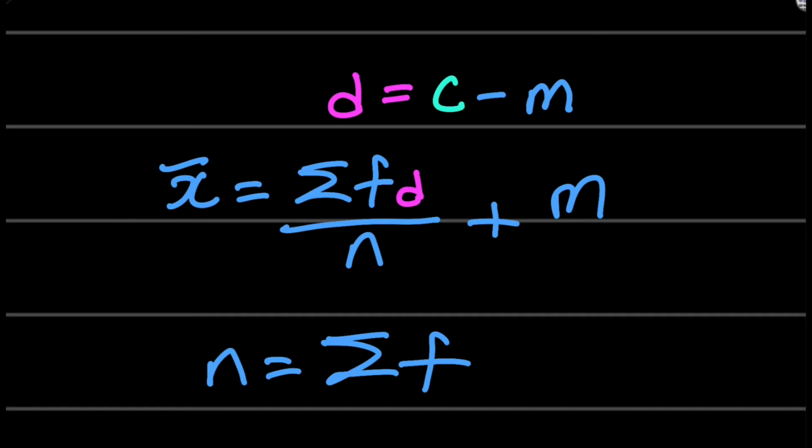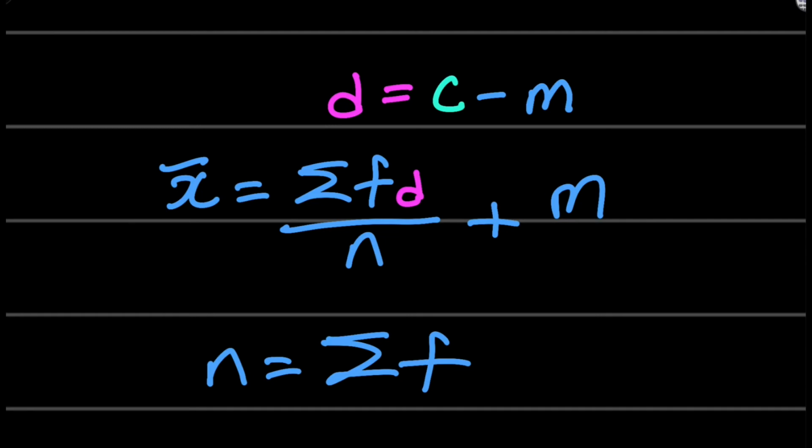This time we are dealing with a grouped distribution, a distribution that has classes or groups, which means we have an interval from a lower limit all the way to a particular upper limit. But we can't use a class to compute directly.